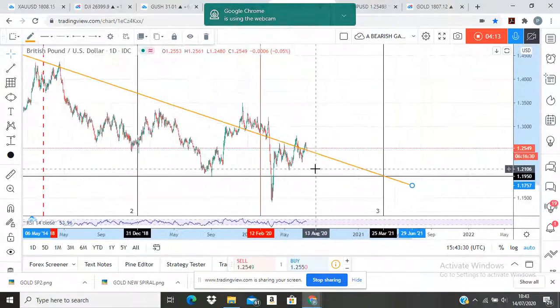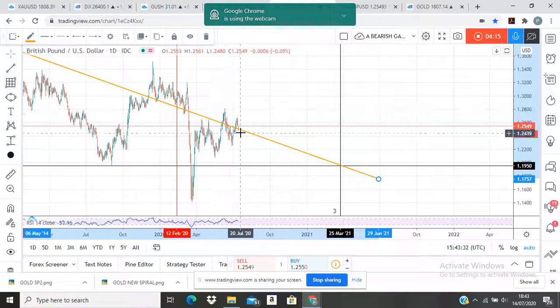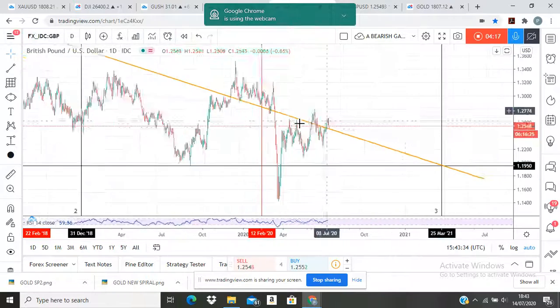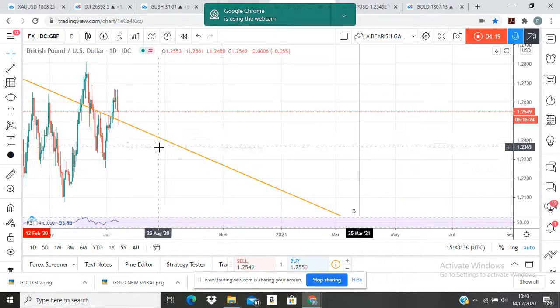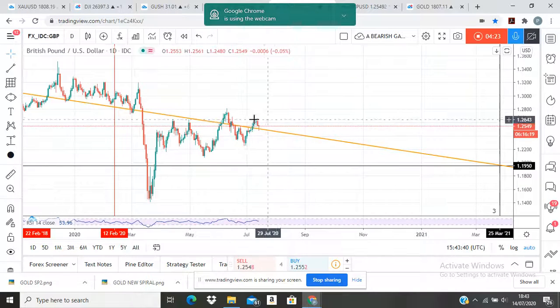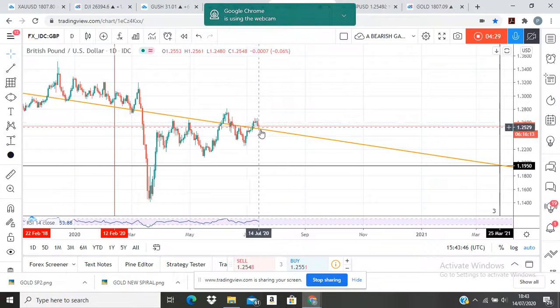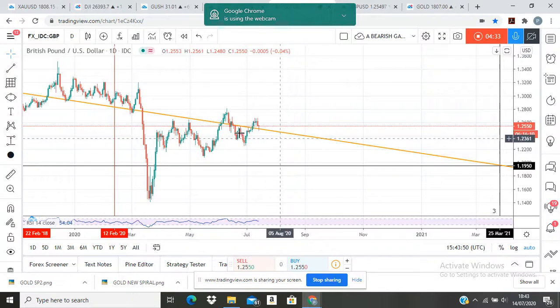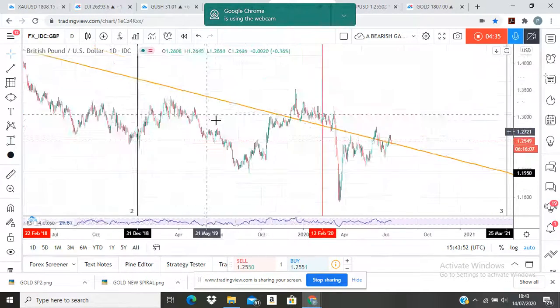From here, today or this week, we can see that price is just on the line there. If we would have a decline, price has to break and close below this major diagonal.